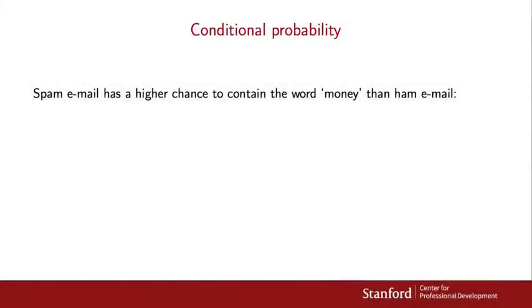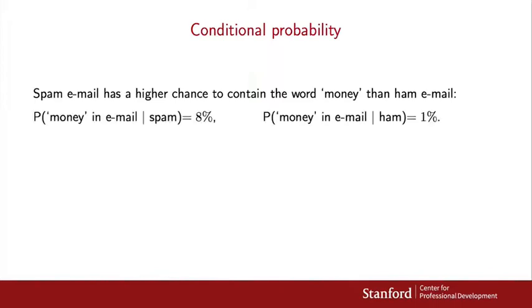To explain conditional probability, let's look at spam email. Spam email contains certain words with a higher frequency than non-spam email, which is also called ham email. For example, the word money. And that's because one reason people send spam email is to get your money. The probability that the word money appears in spam email is 8%.